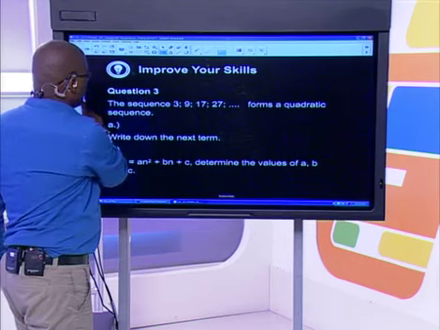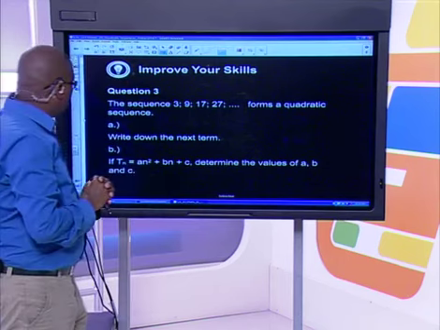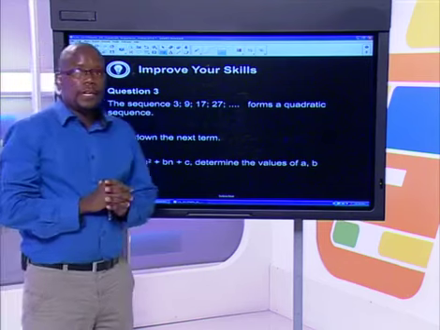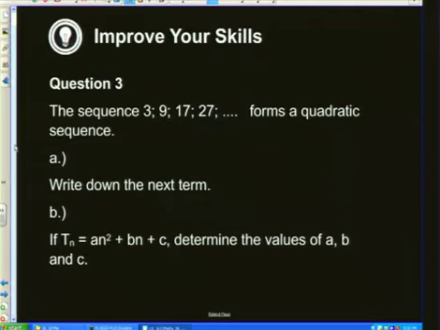Okay, thank you. We move on to the next question because of time, guys. The sequence that I want you to try at home is the sequence 3, 9, 17, 27. We are told that it forms a quadratic sequence. You need to write down the next term. That's the first thing.